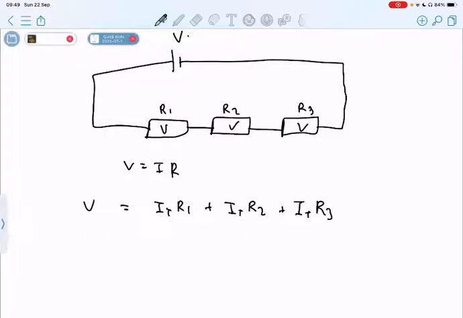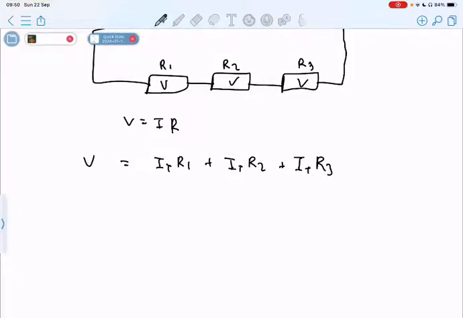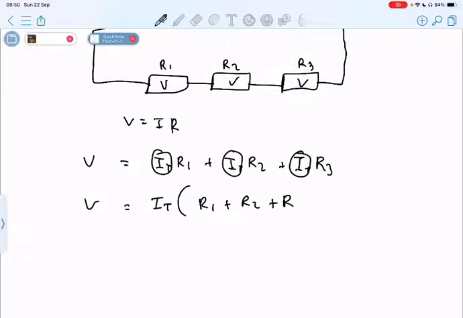Okay, so we have this. I total is the same in all three, so we can factorize it out. I total times R1 plus R2 plus R3.